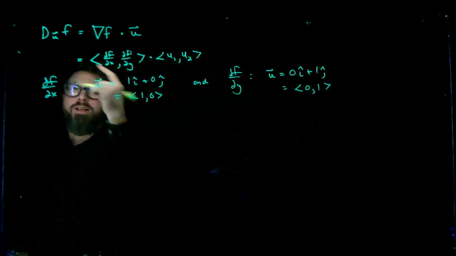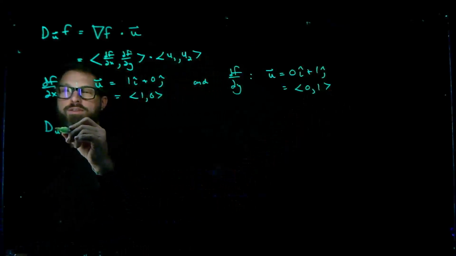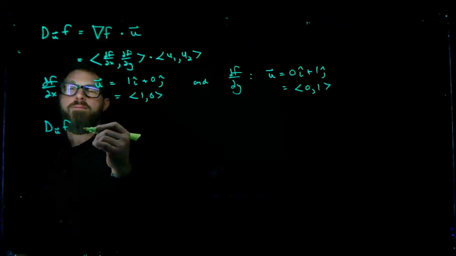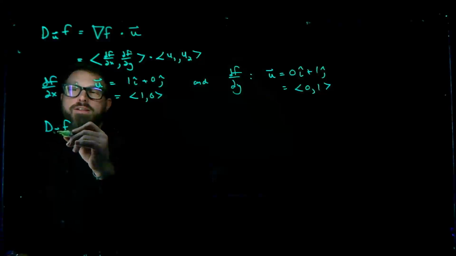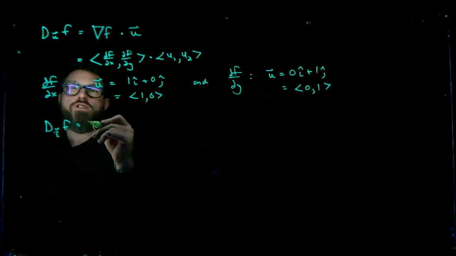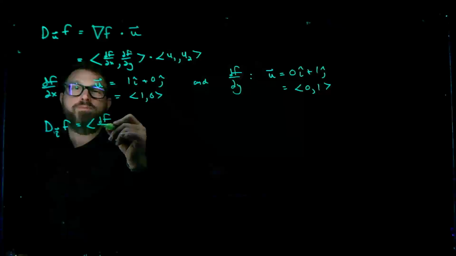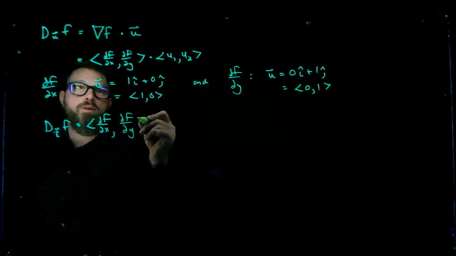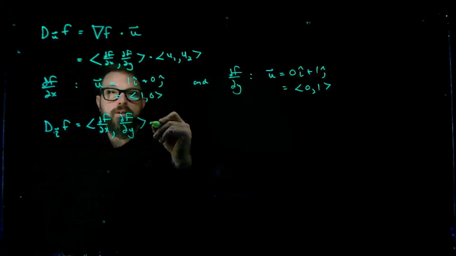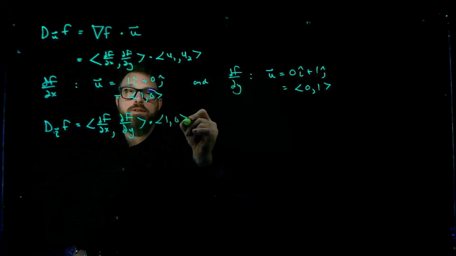So let's find the derivative in the direction of i. This is going to be equal to the gradient of f, dotted with (1, 0).